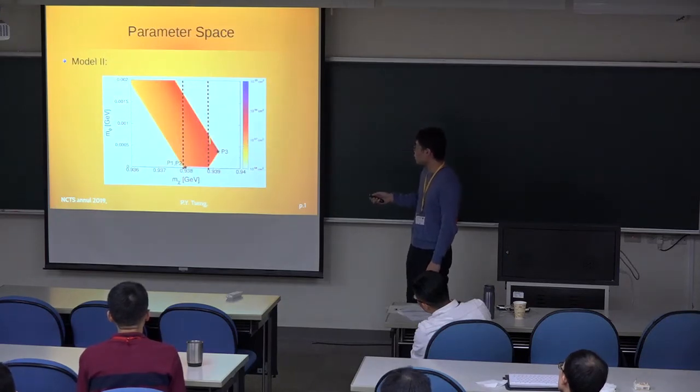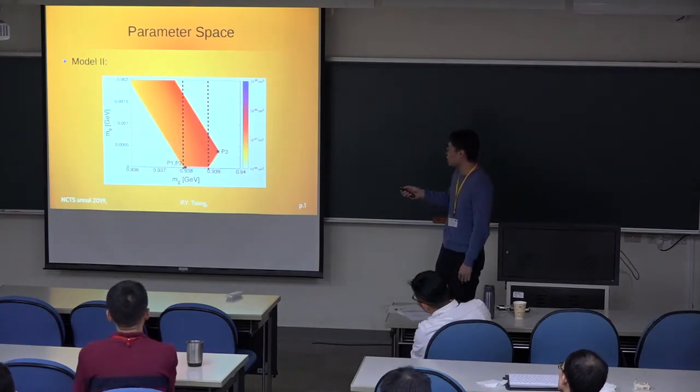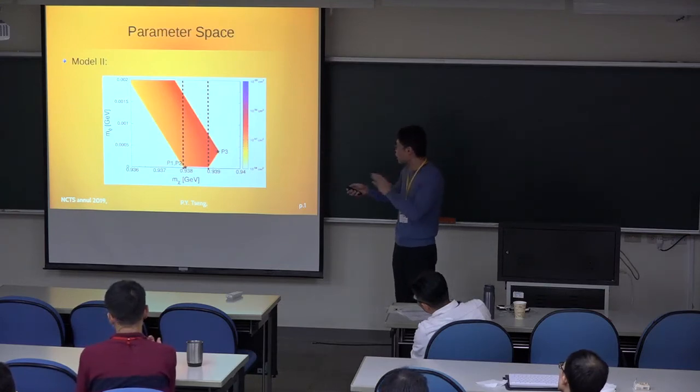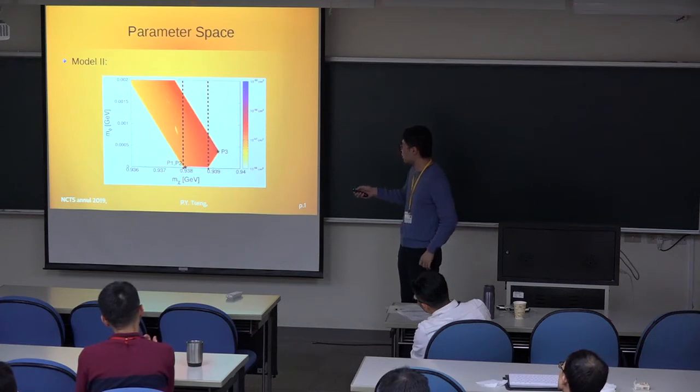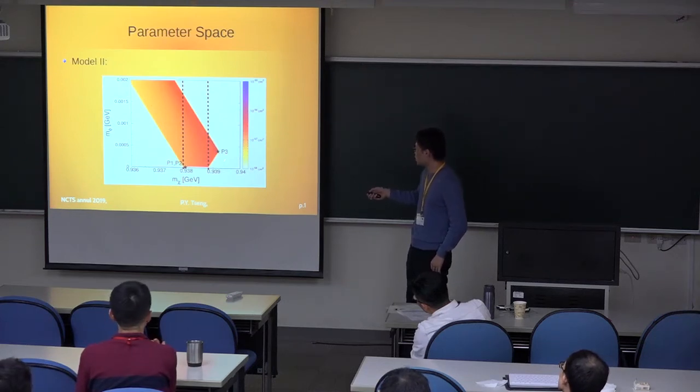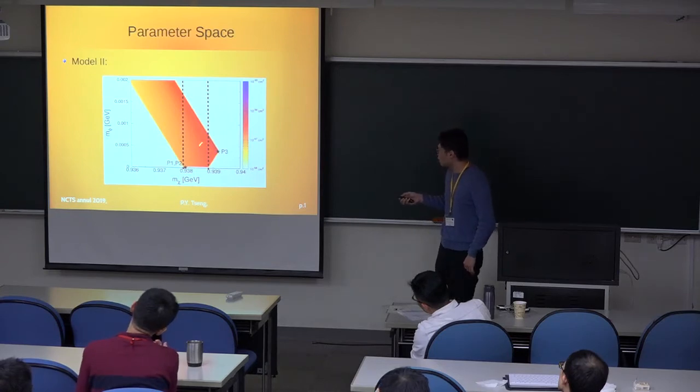This vertical black line corresponds to the parameter region for model 1. So model 2 can slightly extend the parameter region to a lower chi mass, or even a little bit heavier than the model 1 case.